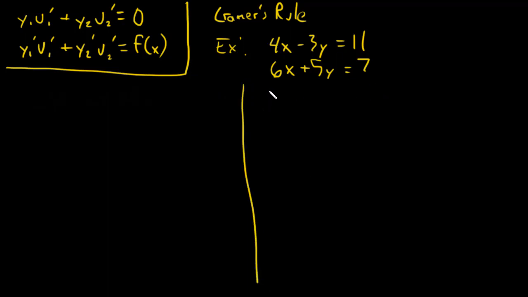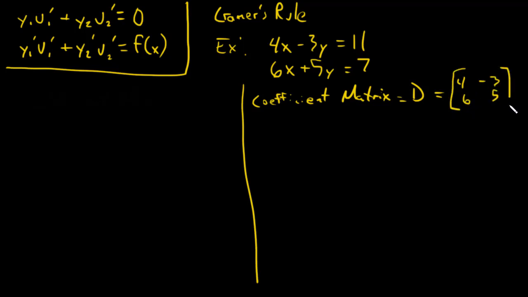So the coefficient matrix, it's just the matrix of the coefficients right here. And we're going to call that D, and it is going to be 4, -3, 6, 5. Okay?